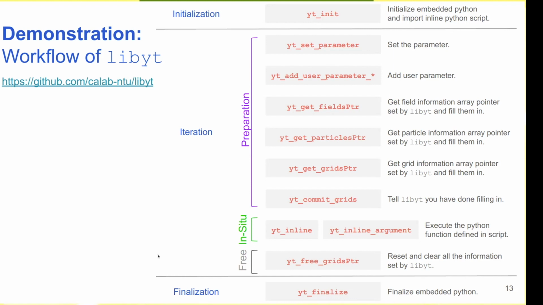So does that actually still require a minimum of hacking in the codes to at least link to the library? There are some other structures. Yeah, because currently there is no client and server structure in our implementation of libyt.